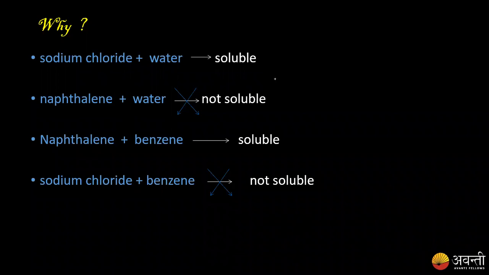In water we have partial positive charge on hydrogen and partial negative charge on oxygen due to electronegativity difference. So sodium chloride is a polar molecule, water is also a polar molecule. The nature of both these molecules is the same.